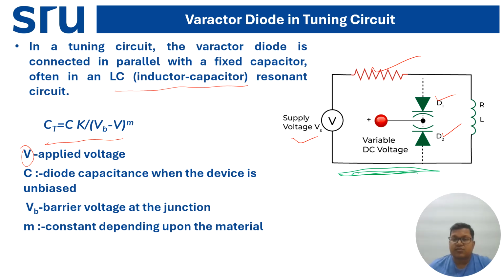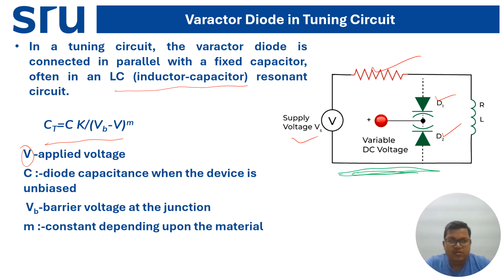So for your understanding, when there is no bias applied to the diode, still it carries some capacitance because of a certain depletion width. If you bias, reverse bias or forward bias, then the width changes, but it is not like without the bias there is no width, right?